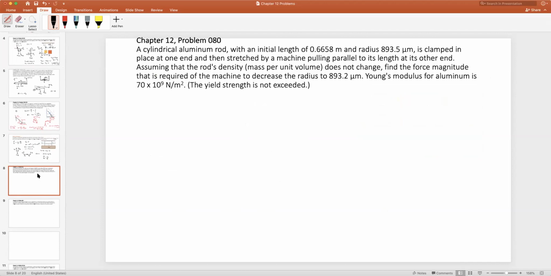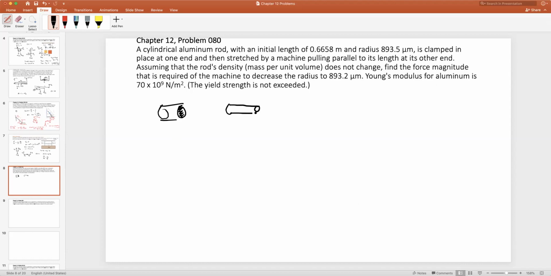We have a machine that has a cylindrical aluminum rod with an initial length of blah and radius of blah. If it's cylindrical, that means that it's got a round cross-sectional area, right? It's being stretched by a machine pulling parallel to its length. And we notice that the radius decreases after it gets stretched.